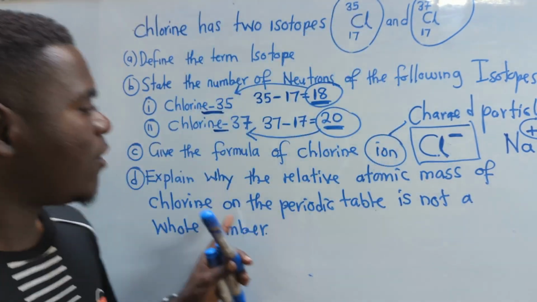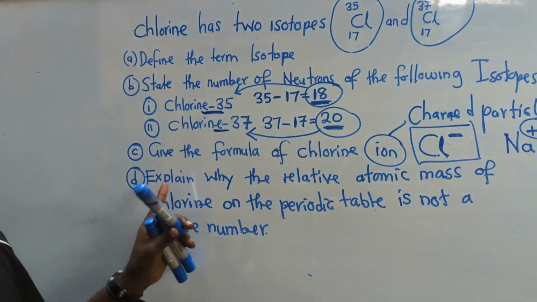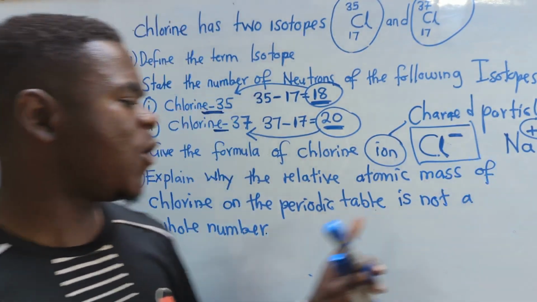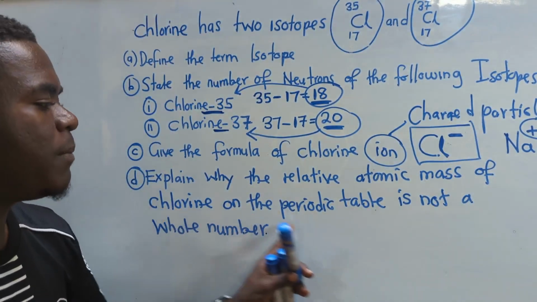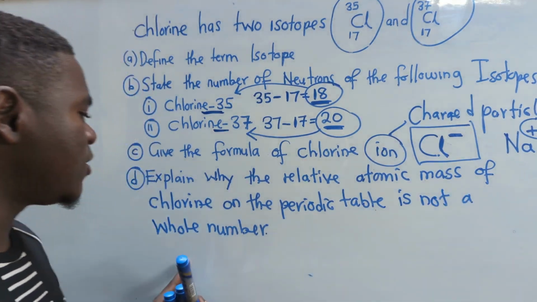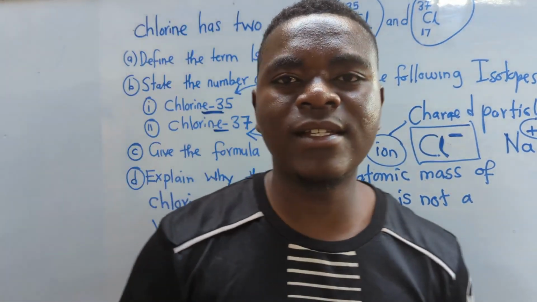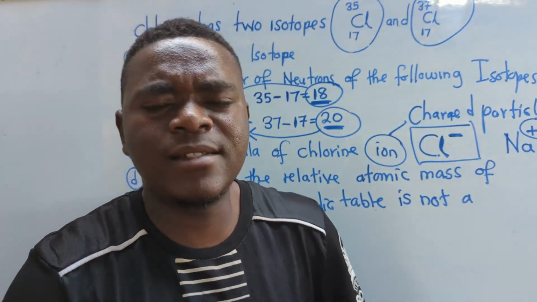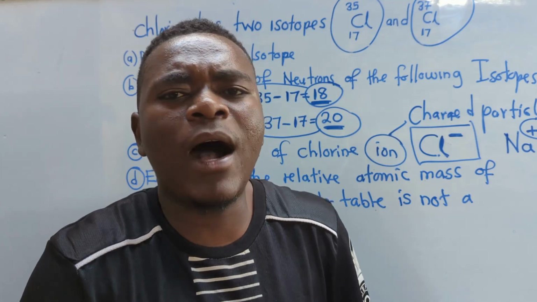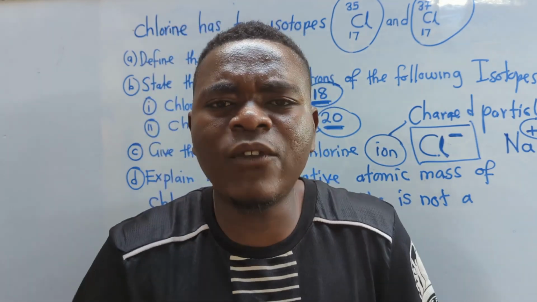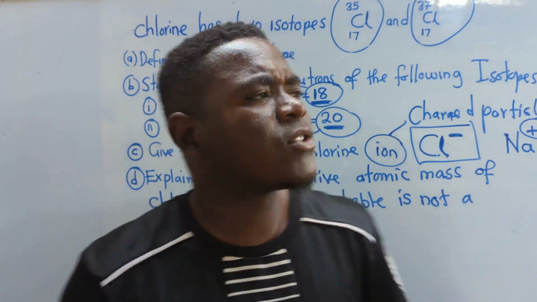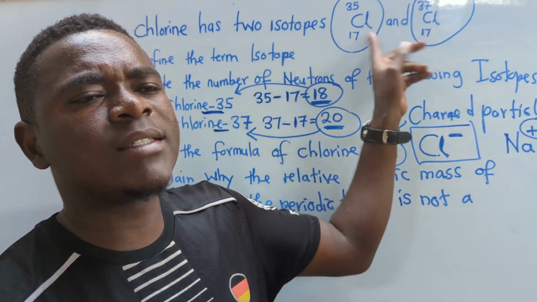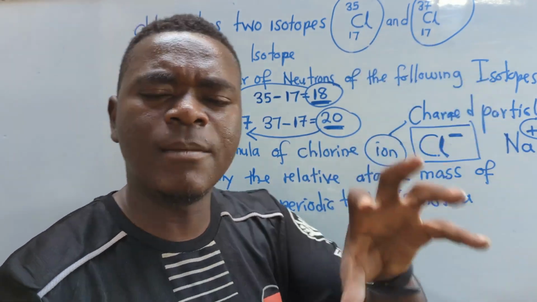Now we go to the last question. Explain why the relative atomic mass of chlorine on the periodic table is not a whole number. Why is it like that? It is because of the existence of different stable isotopes that are having different masses. This is the major reason.